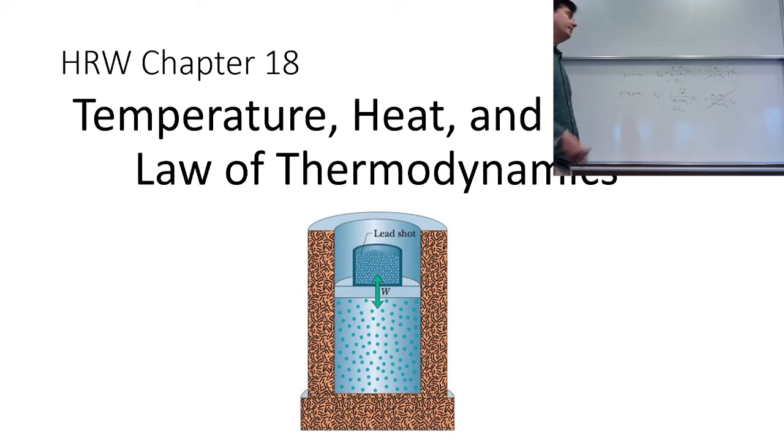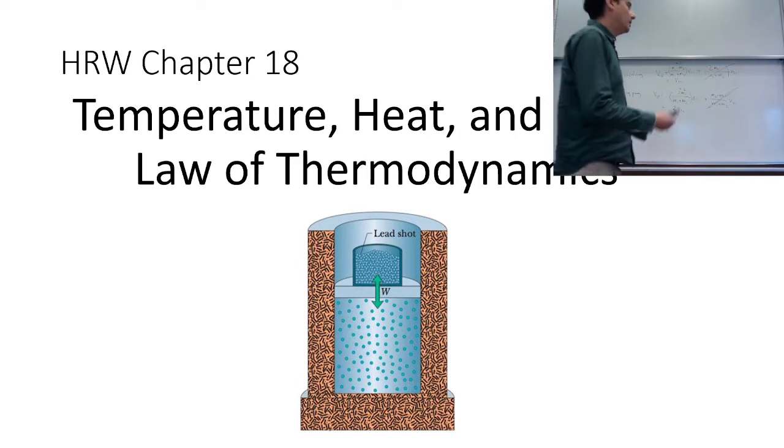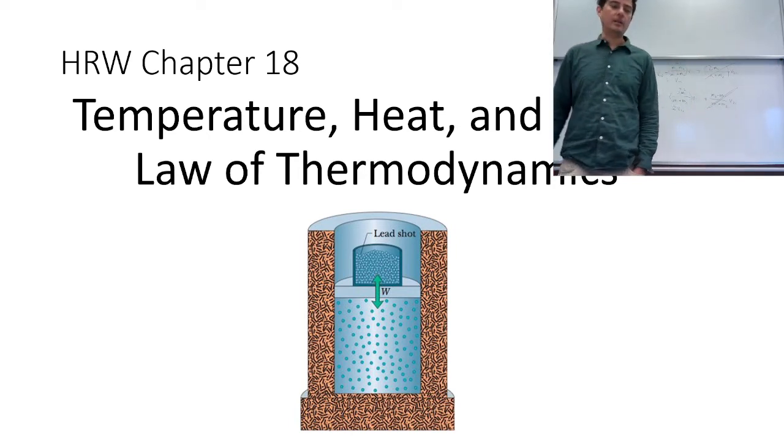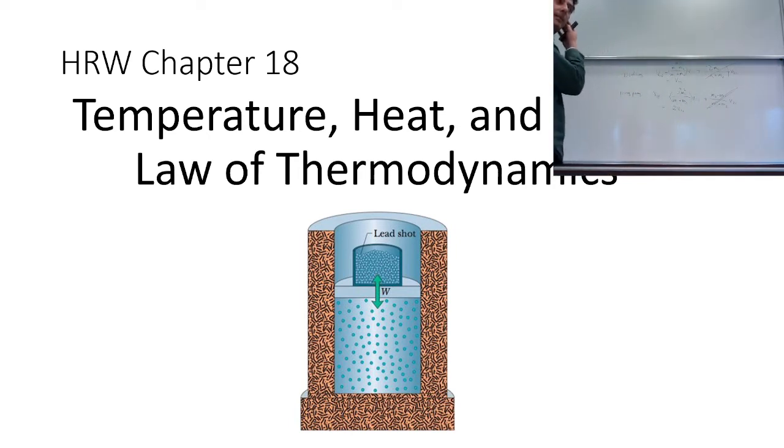So what we're going to basically do in this chapter is cover the basic ideas of thermodynamics, but eventually we'll cover ideas like the Second Law of Thermodynamics and entropy, which are actually pretty interesting and even have applications to other areas.